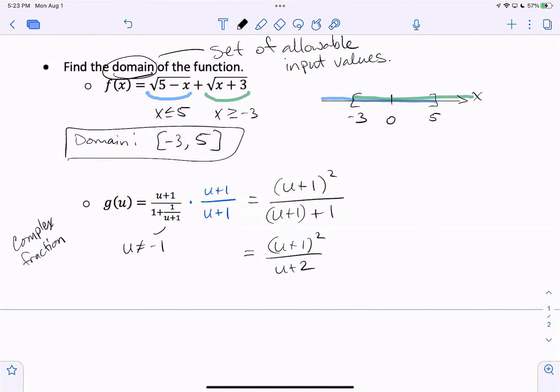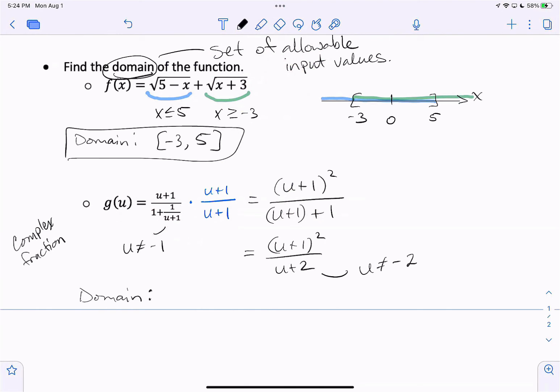Now, looking at this denominator, I can see that u cannot be negative 2. And as a quick mental check, if you were to put negative 2 in place of u in the original expression, then I would have 1 over negative 2 plus 1. So that would be a negative 1, and I'd have 1 minus 1. That would give me 0 for the denominator. But this was just maybe a quicker way to do that.